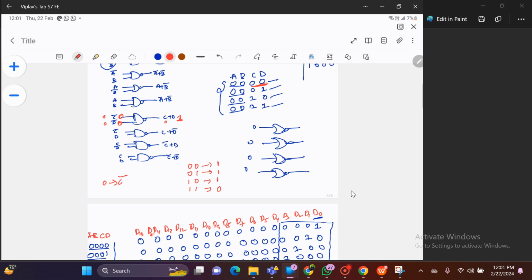Then next, C is 0, in the sense C bar is given, so 0 1 to the NAND gate is again 1. Then next 1 0, again it is 1 for the NAND gate. Then next 1 1, it is 0.